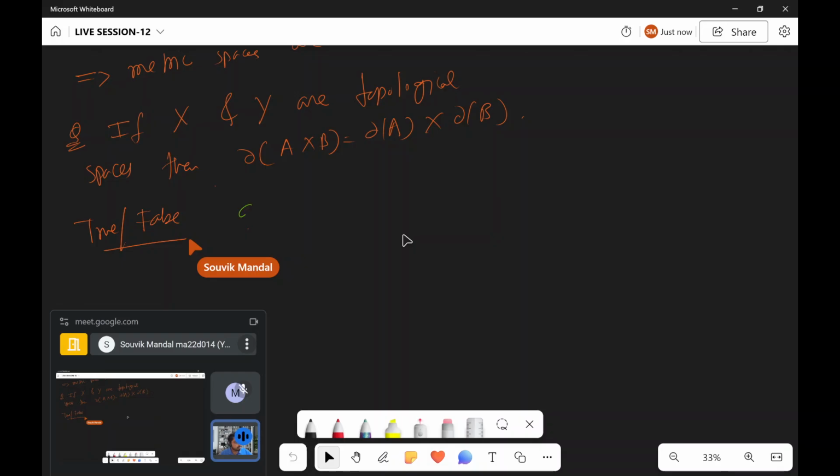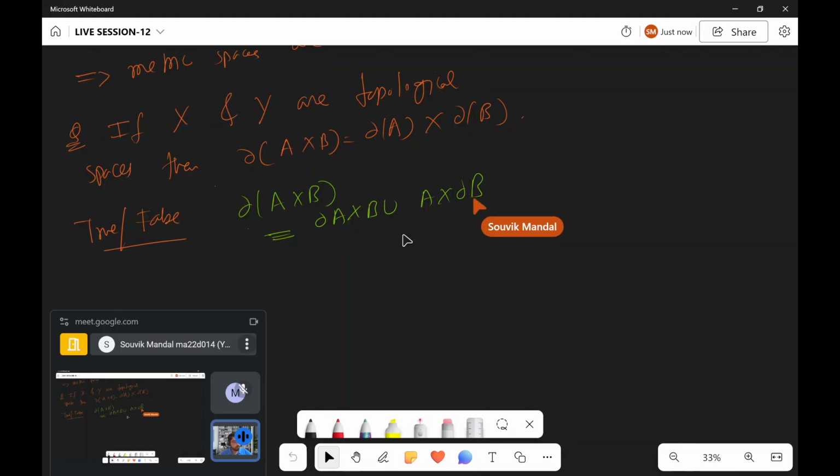Of course, you must have seen this expression, the boundary of A cross B. The point is that you need to basically prove this is equal to the boundary of A cross B union A cross boundary of B. You need to prove this, and also give a counterexample for that.